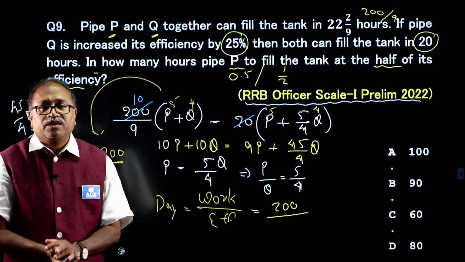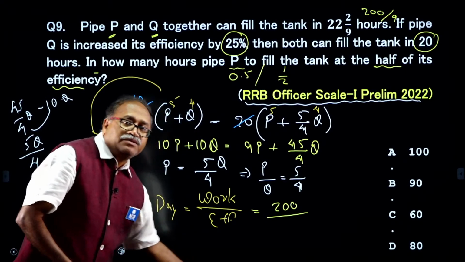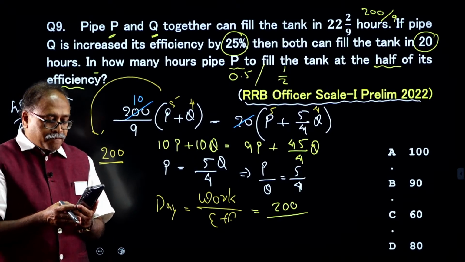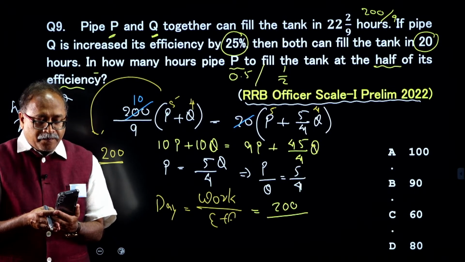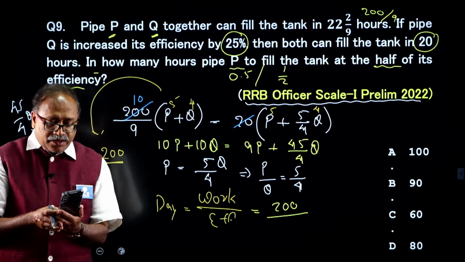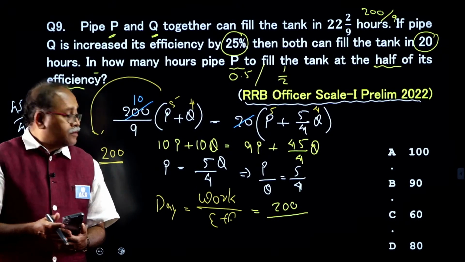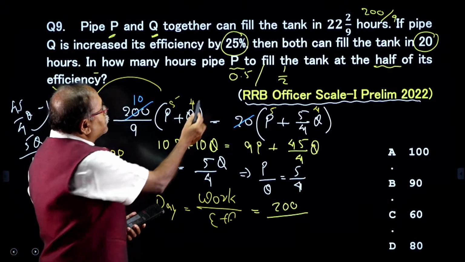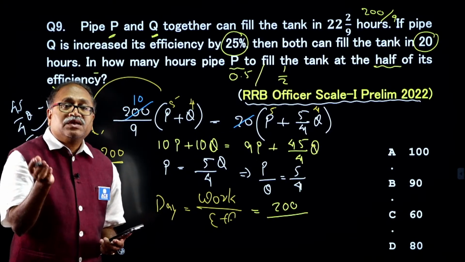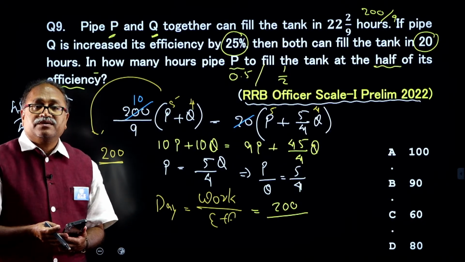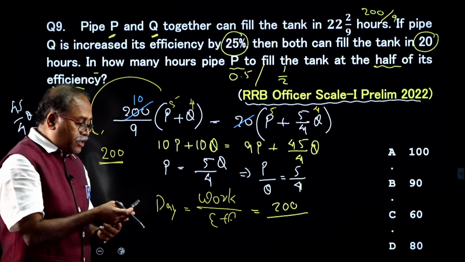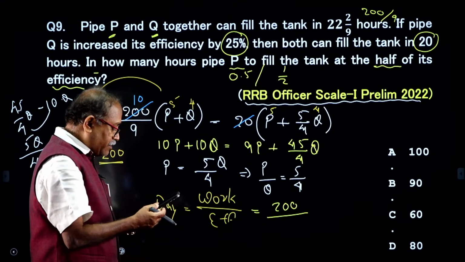I will just wait for another 4 or 5 seconds, because you must have noted down this one. William, you answer this question. I almost completed. Now, you have to find out in how many hours P can fill the tank with half the efficiency. I know the P efficiency is 5, it is visible here.